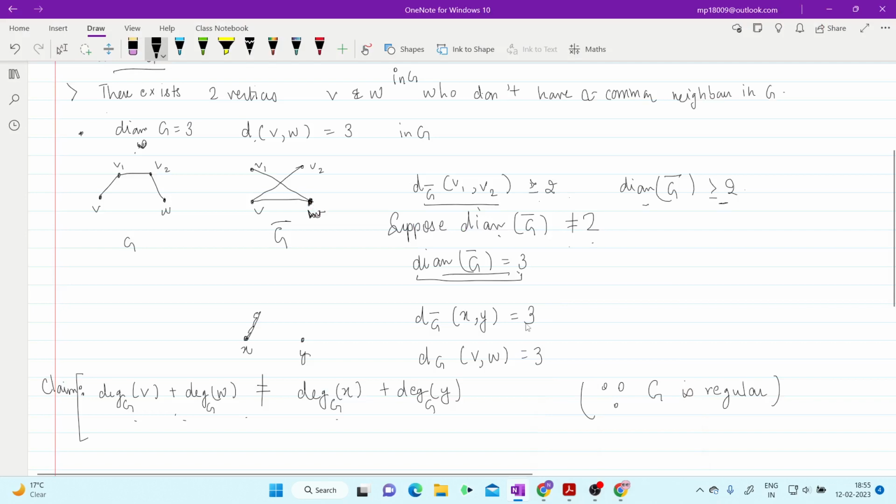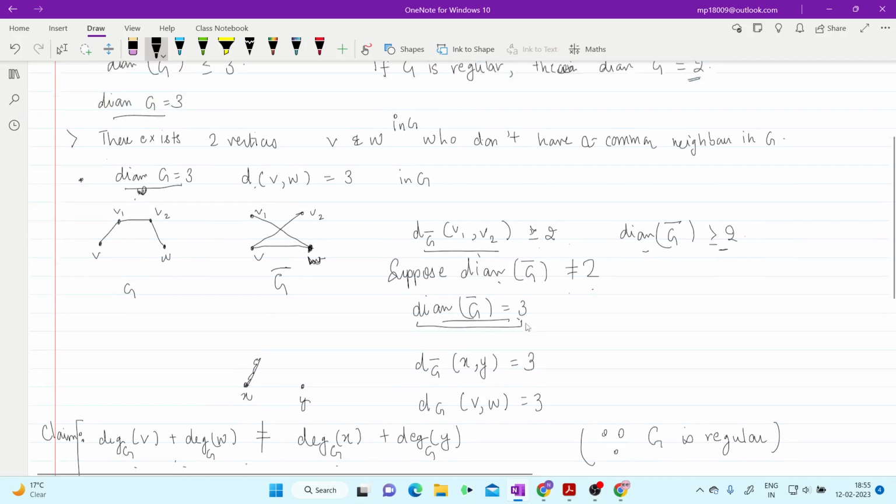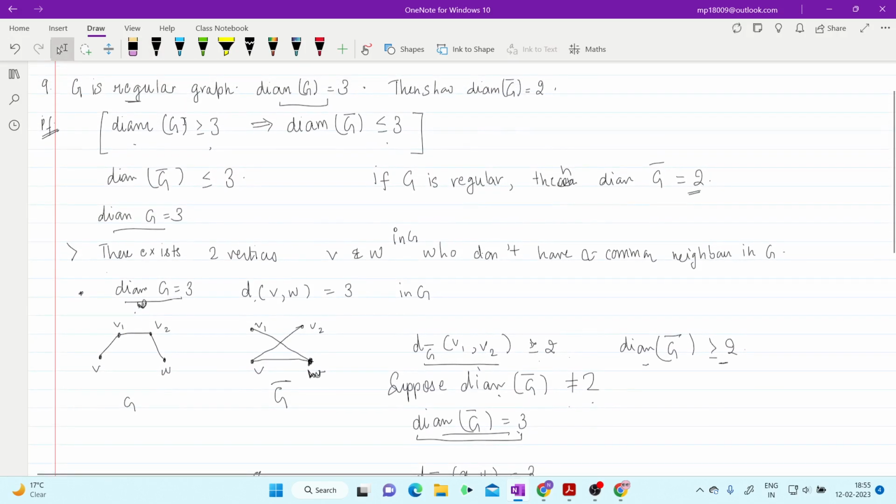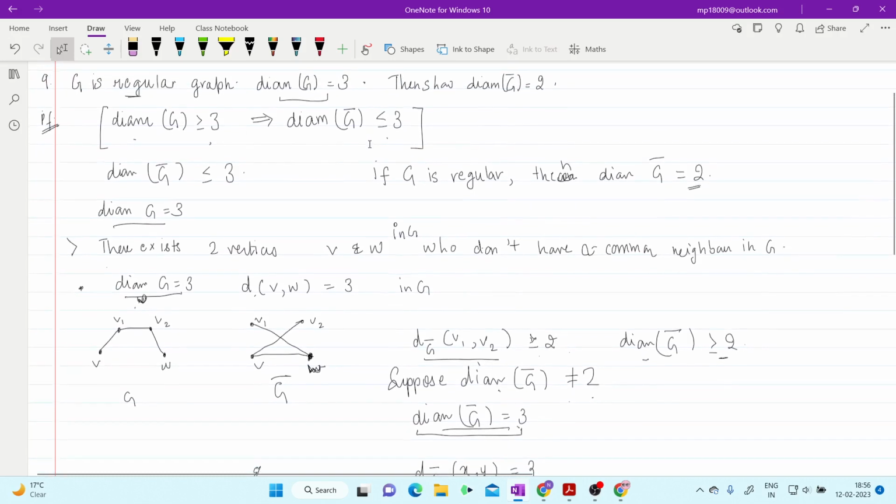So I am saying that we have been given that diameter of G is 3 and G is regular. We have to show that diameter of G bar is 2. Now from this result we know that if diameter G is greater than or equal to 3, then diameter G bar has to be less than or equal to 3.